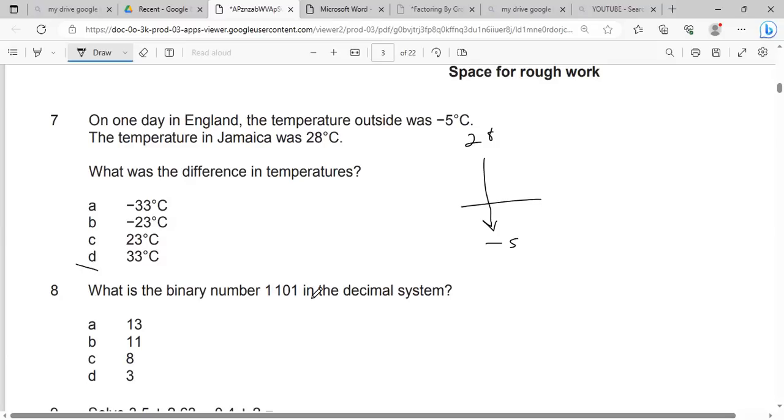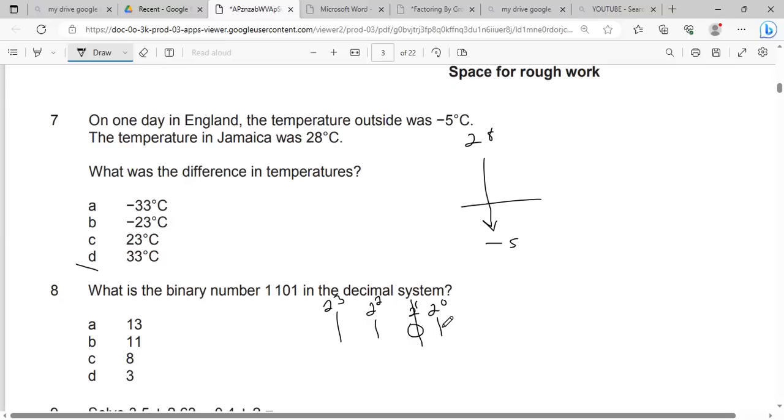What is the binary number 1101 in decimal? So all we have to do is just simply 2 to the 0, because it's base 2, 2 to the 1, 2 to the 2, and 2 to the 3. The only one that we're going to get rid of is the one with 0, right? 2 to the 0 is the same thing as 1.